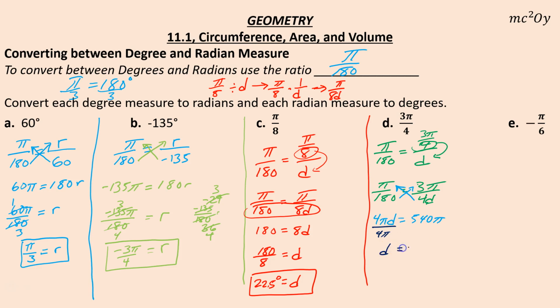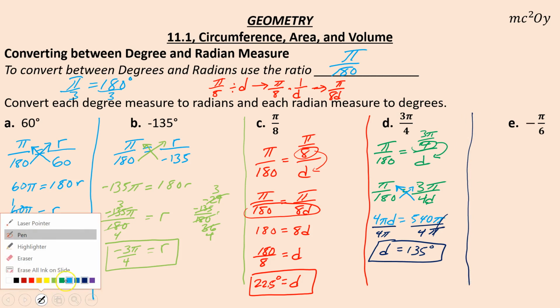Going to be left with d. And divide this by 4 pi. Pi's will cancel. 540 divided by 4 is 135 degrees. Now, some of you may have recognized right away, like, hey, hold on. If this problem right here, if negative 135 was negative 3 pi over 4, wouldn't positive 3 pi over 4 be positive 135? And the answer is yes, it would.